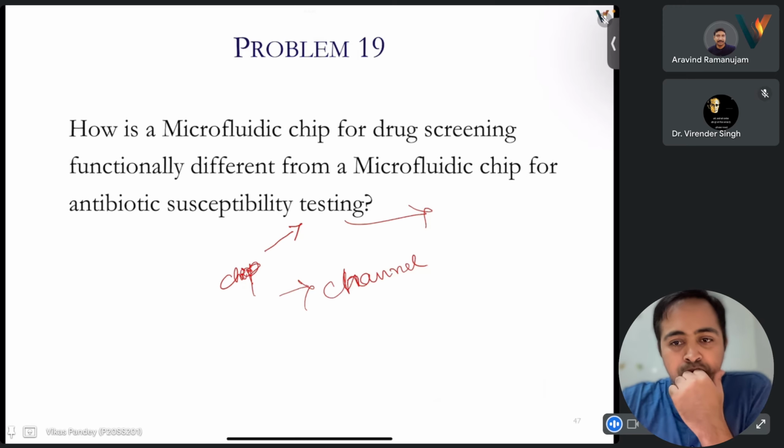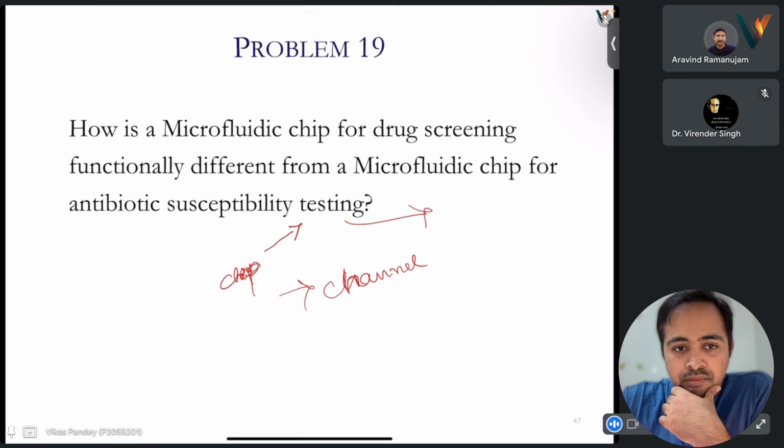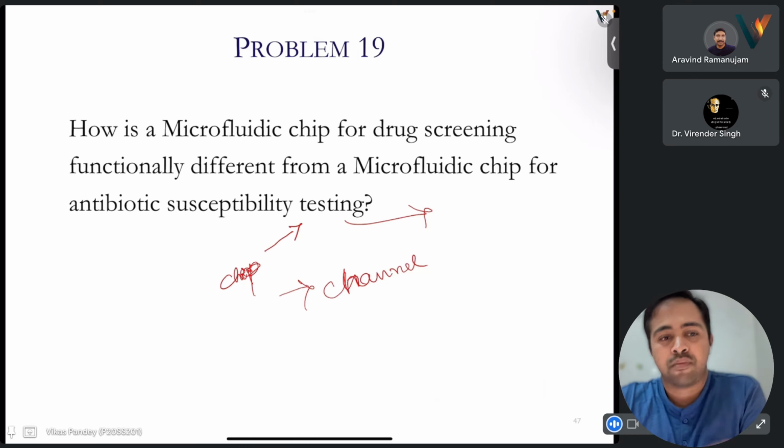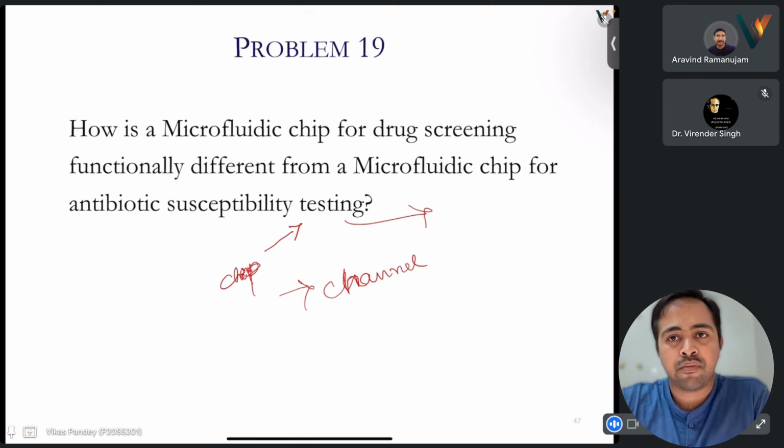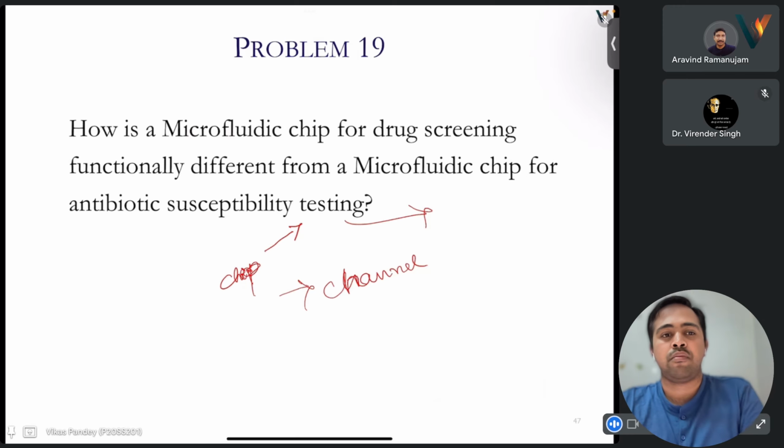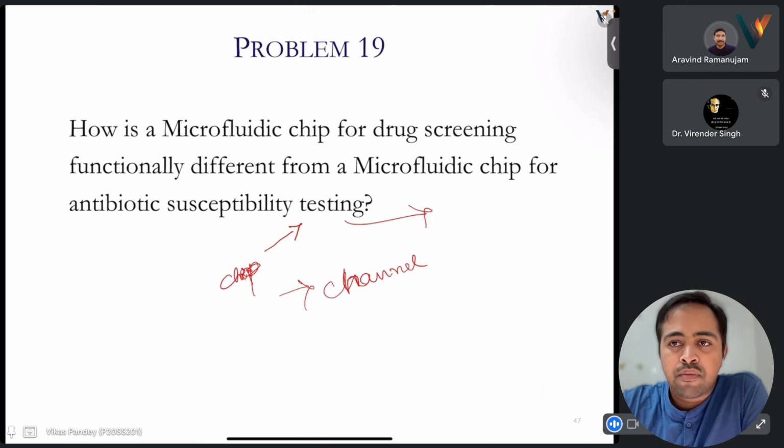In the first case, we are testing the impedance of the cancer tissue. In the second case, we are testing the bacteria susceptibility. In the first case, we are testing the cancerous tissue.